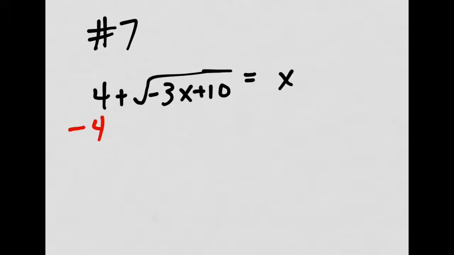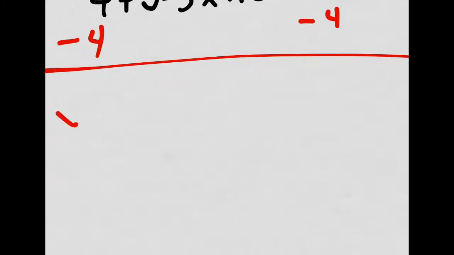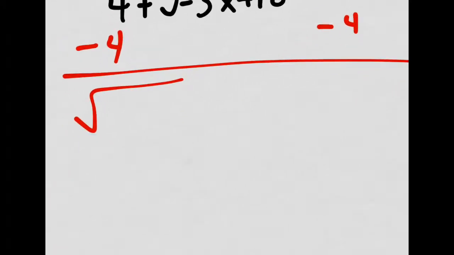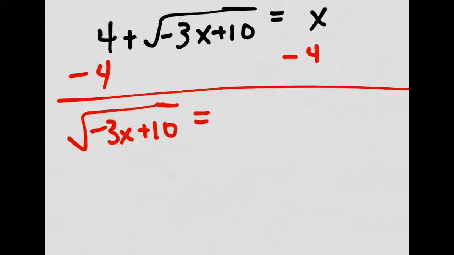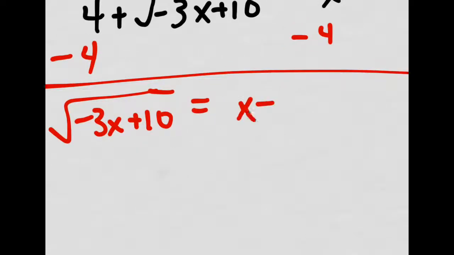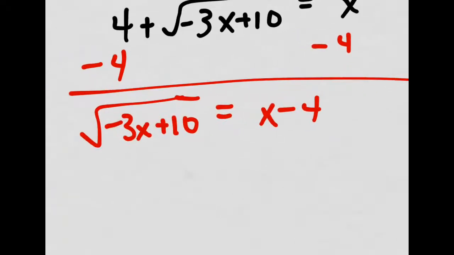I'm going to move the 4 over here first. So that gives me the square root of negative 3x plus 10 is equal to x minus 4. Now I can square both sides.